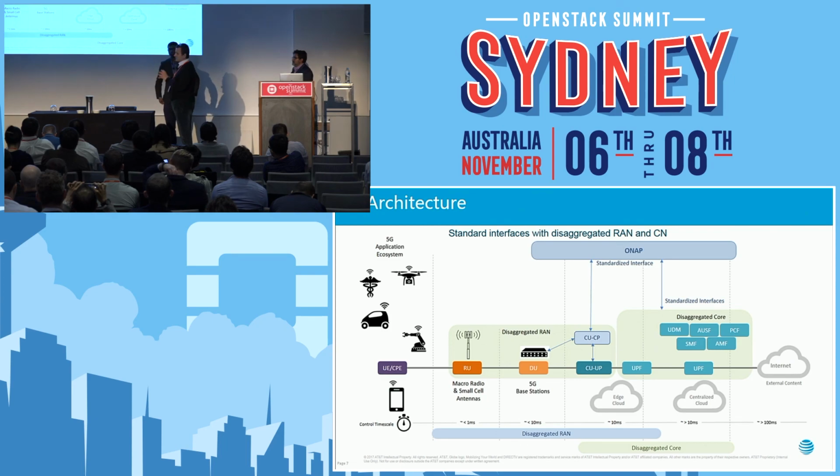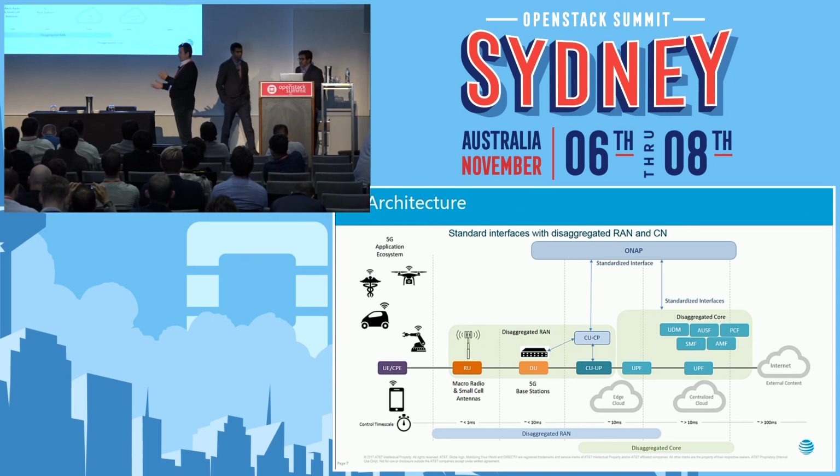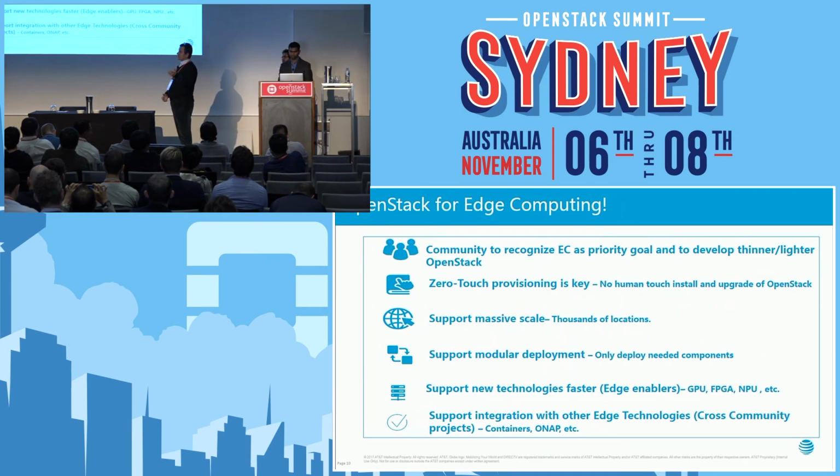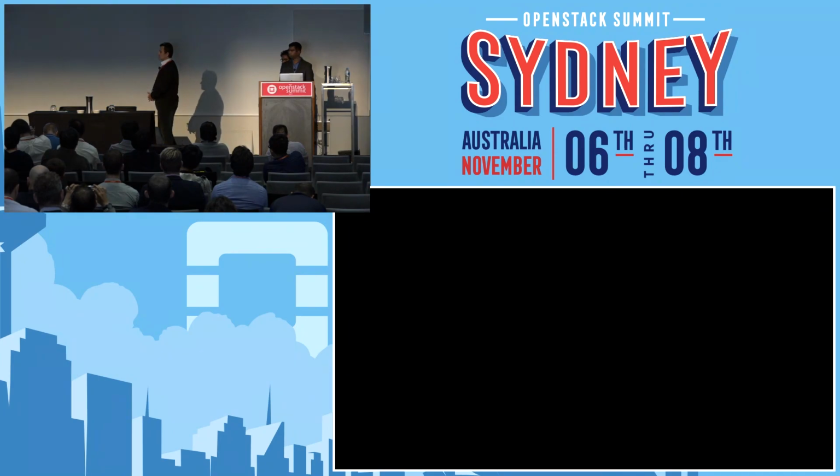So one key use case or architectural element in 4G was what MEC was trying to build through this middleware closer to the base stations.